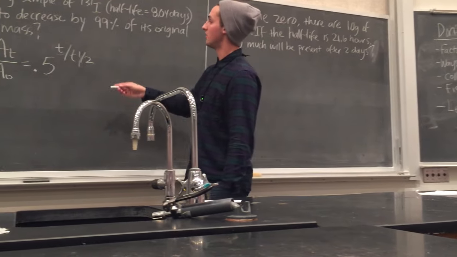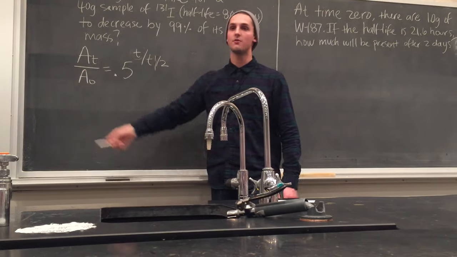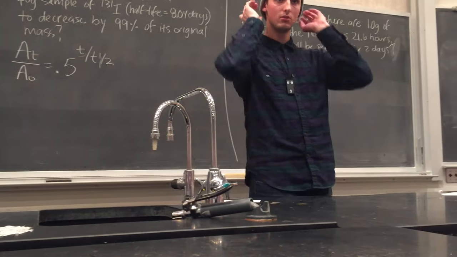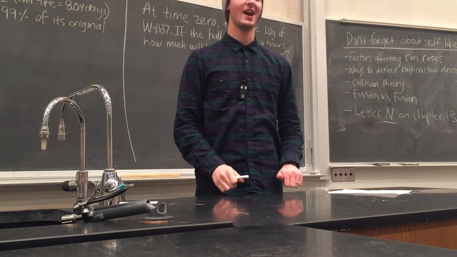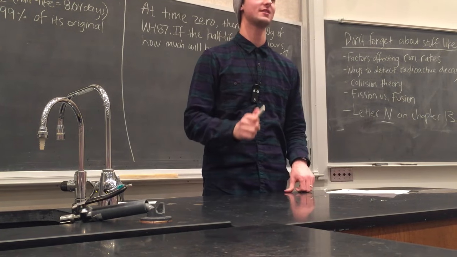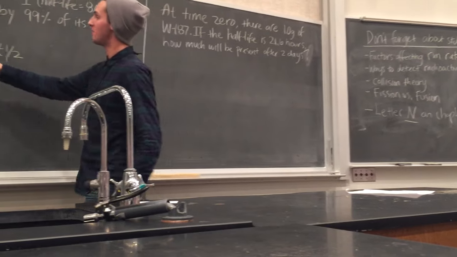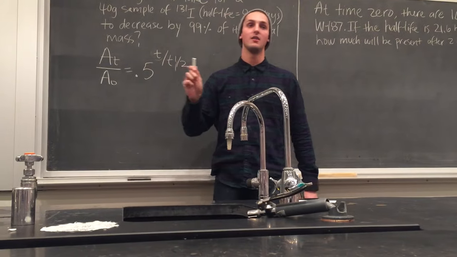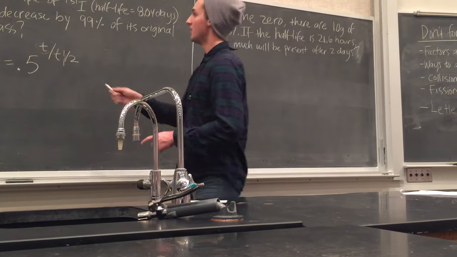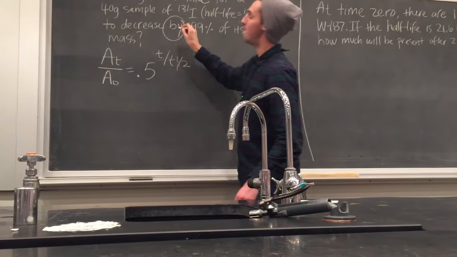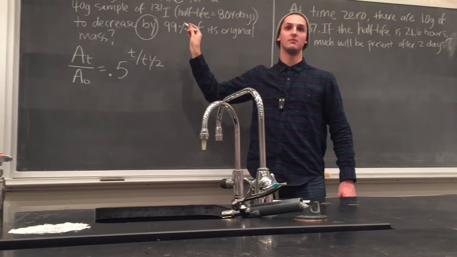So the first thing, what is A_t over A_0? This is something I wanted to trick you guys on. This is not 0.99. Again, it's so important to read into the words that they use. This decreases by 99%.